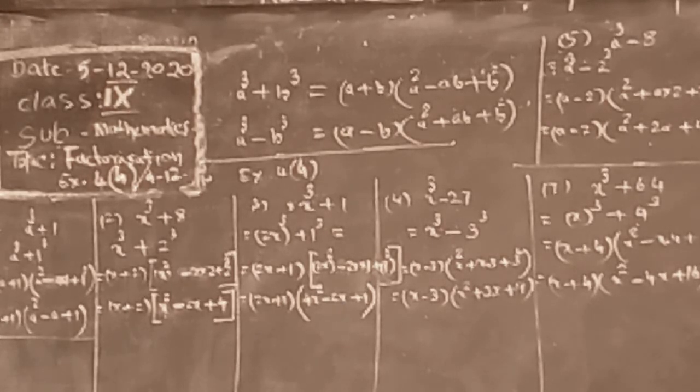Plus means minus in the middle. Okay. Now this is (x plus 2b) into (x squared minus 2bx plus 4b squared), like this.